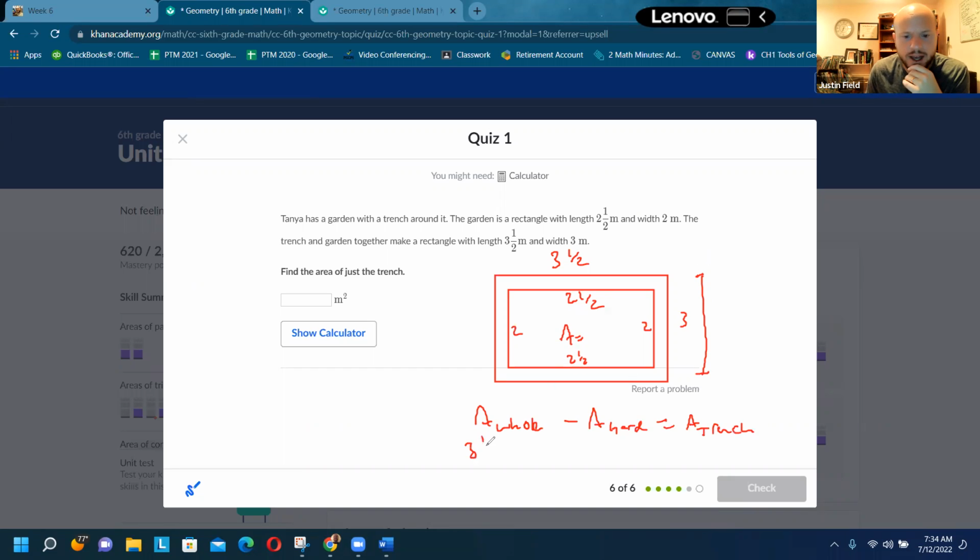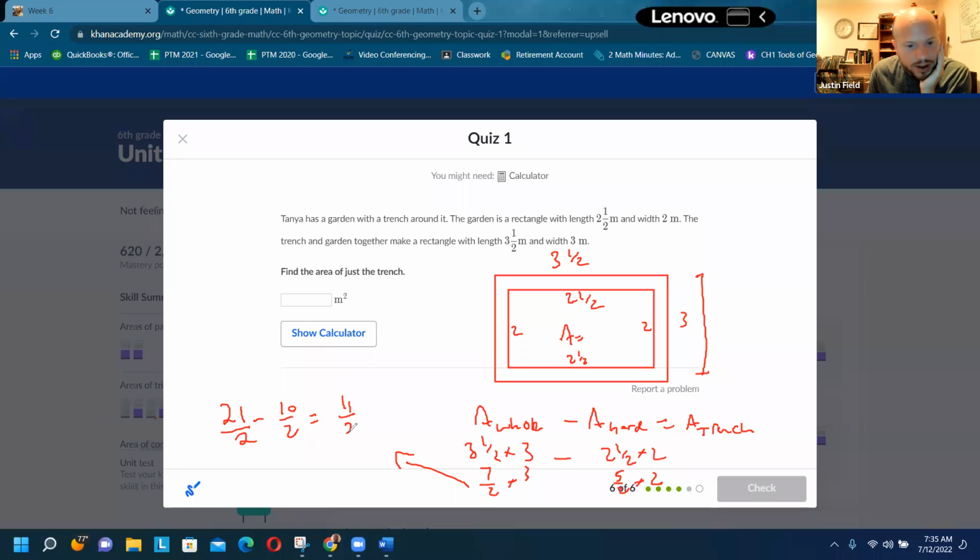All right, so 7/2 times 3 minus 5/2 times 2. So what is that? I gotta do 3 times 2 plus 1 is 7/2 times 3, right? 2 times 2 plus 1 is 5/2 times 2. So that's 21. Let's just do this over here. 21 over 2, right? 7 times 3 is 21. And then 5, 10.